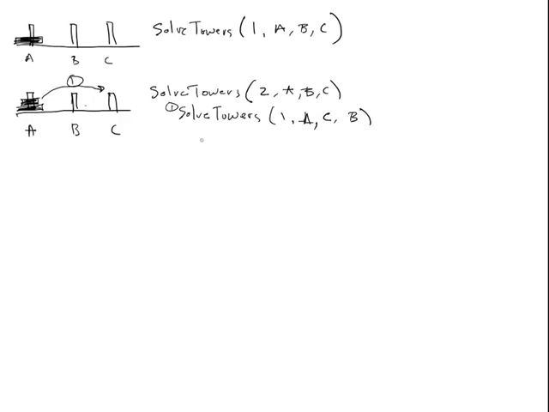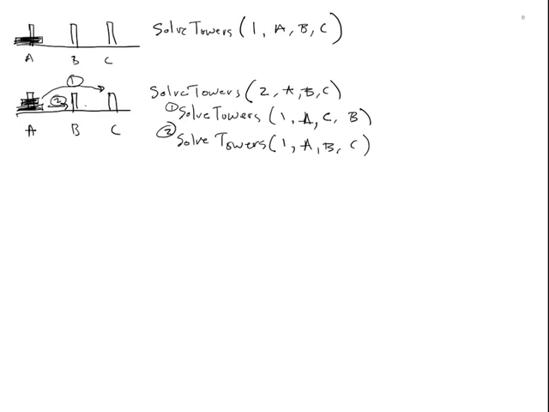Okay, so then we get solve towers 1, A, B, and C. So what this is going to say is move disk from pole A, which is this big one, to pole B. And we'll call this 2. And so we know that our second move is indeed that one.